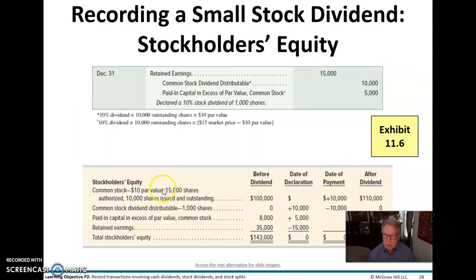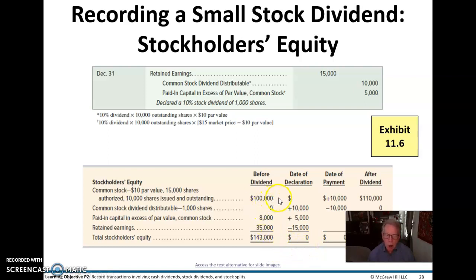This kind of walks you through how the stockholders' equity behaves under those certain circumstances. And here you can see in total, my total stockholders' equity doesn't change, as it should not.